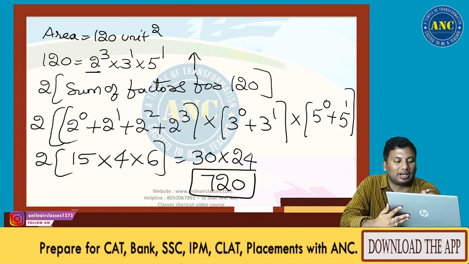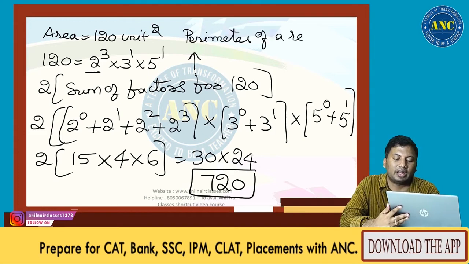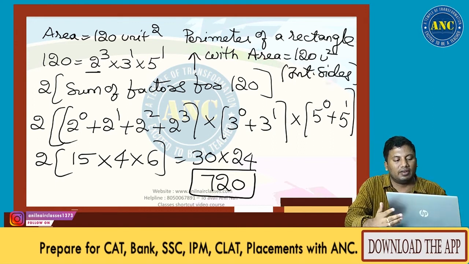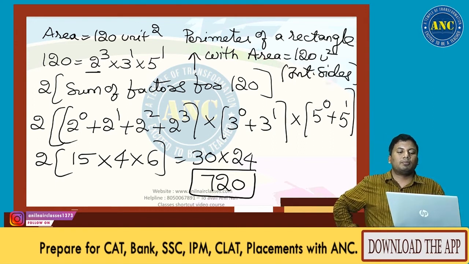The perimeter of a rectangle with area 120 unit square and integral sides is given by 2 into the sum of the factors for 120.